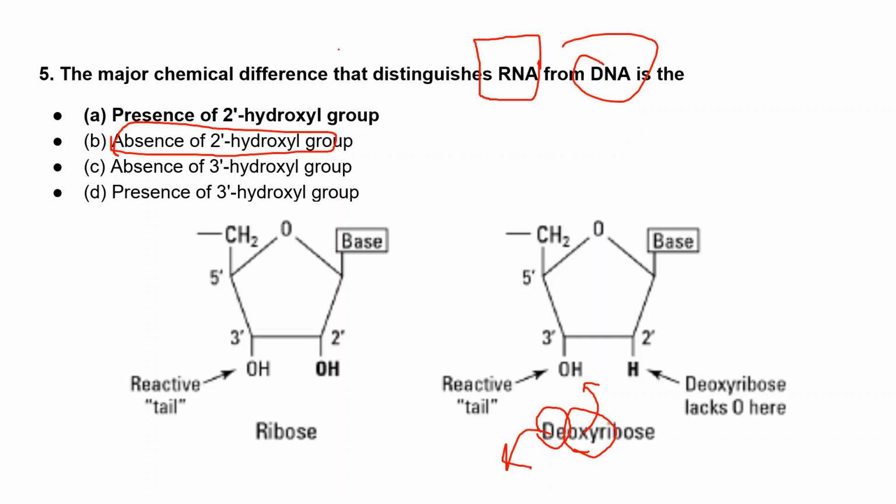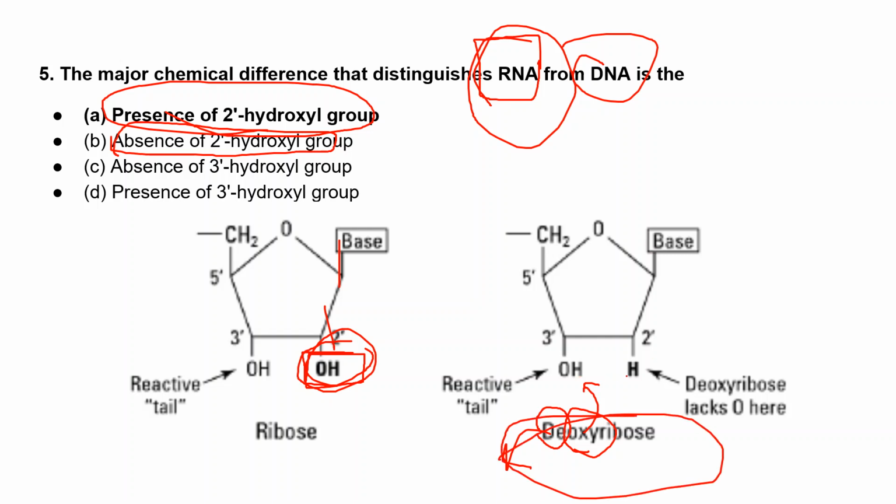But here we have to tell what distinguishes RNA. RNA has ribose sugar, which means it has this oxygen on the 2' OH. This is the first carbon, this one is the second. So here we can see the presence of oxygen, right? So presence of 2' hydroxyl group is the right answer. And in deoxyribose, that is DNA, there is no oxygen, right? So you are right, option A is the right answer.